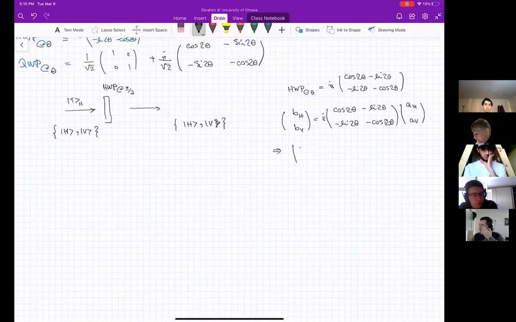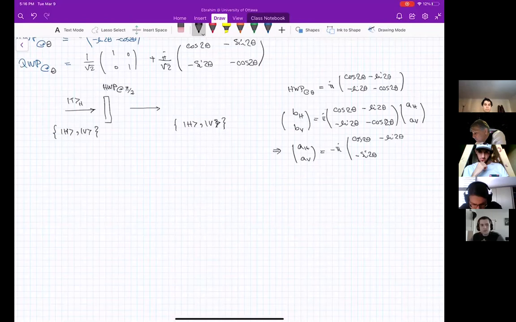Let's see, I have AH, AV, and then I have to invert this matrix. Can anyone tell me what's the... I think it should be the transpose. And the negative i becomes, positive i becomes negative i. Can someone check that, or should I? I can do that as well.